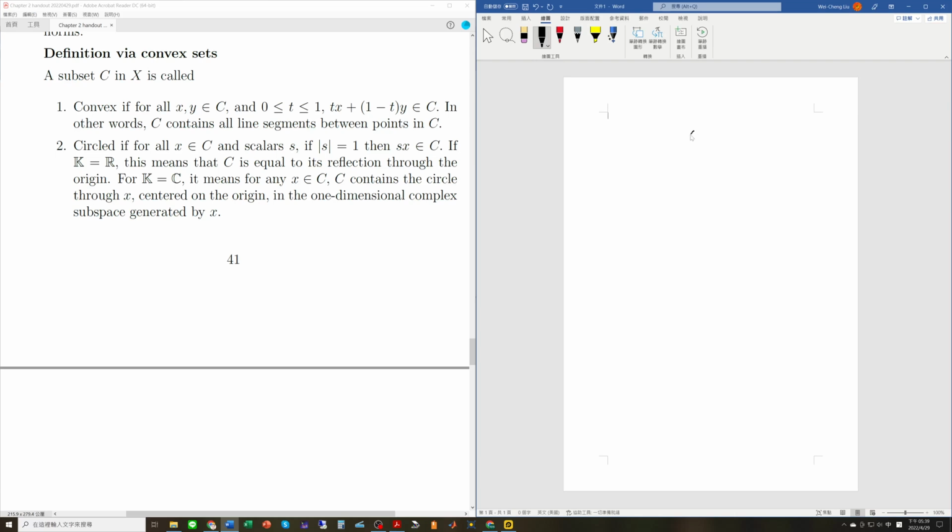So here this is the complex number plane. This is the origin, and here is the real part, and this is the imaginary part.